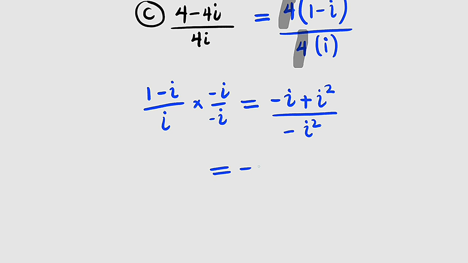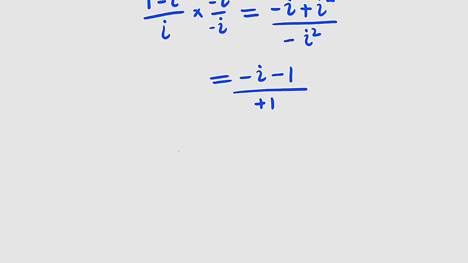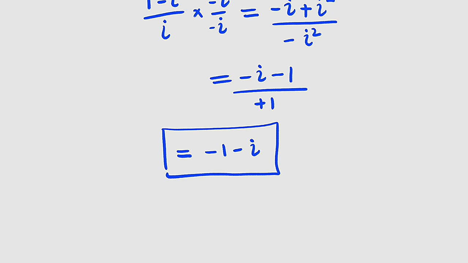To the top, we have negative i minus 1 because i squared is negative 1. Divide by, this is negative 1, but we have another negative, so we have positive 1. So you see, dividing by 1 will not change anything. So all we have to do is to rearrange the top by writing the real part first, negative 1, negative i. And hence, this is the result.